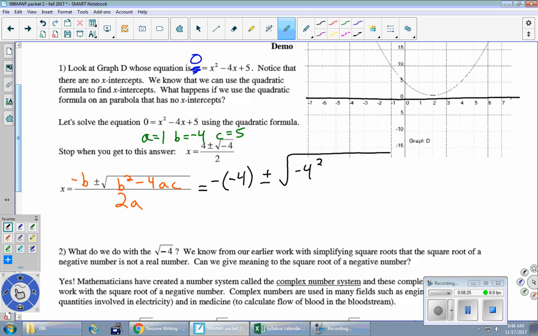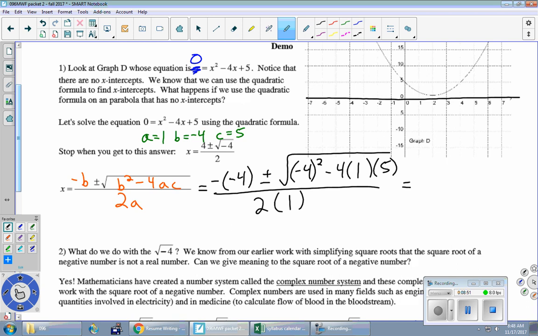That is not the right answer. Even if you type it in your calculator, you're going to get negative 16, which is not the right answer. Parentheses every time. Okay, minus 4 times a, that's a 1. C, that's a 5. Lots of parentheses there. Divided by 2 times a, that's again a 1. Okay, parentheses for every a, b, c, every time.